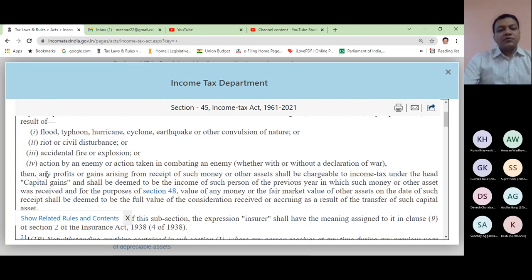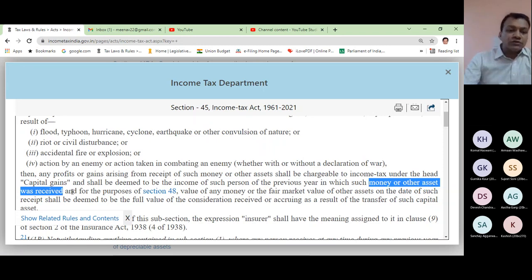Then any profit or gain arising from receipt of such money or other assets shall be chargeable to tax under capital gains, but it will be deemed to be the income not in the year in which the capital asset was destroyed, but in the year in which the money or other asset was received.